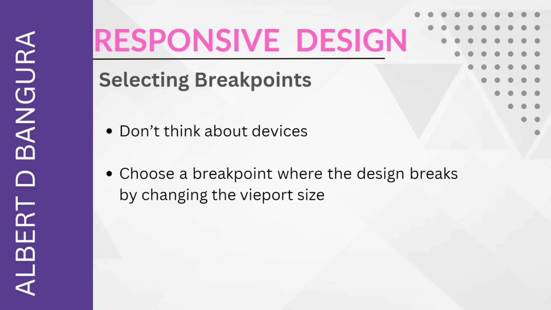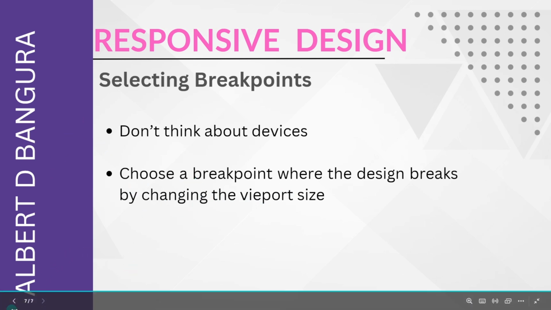So just don't think about devices. The best way is to choose a breakpoint where the design breaks by changing the viewport size. Viewport here should be spelled VIEW. Thank you guys.